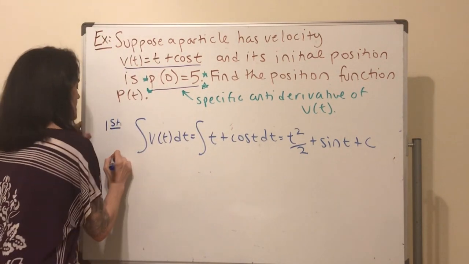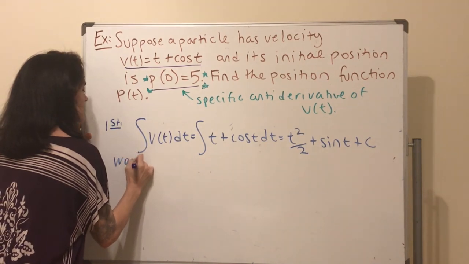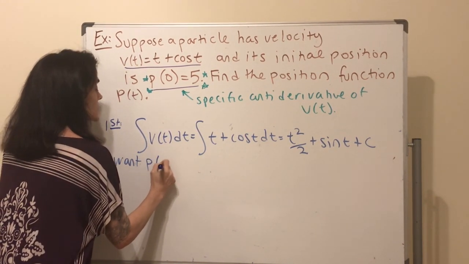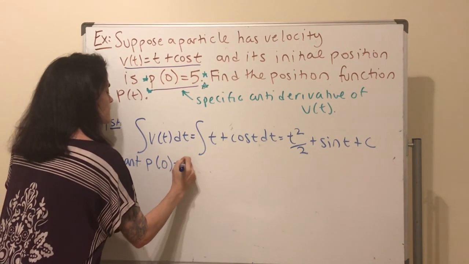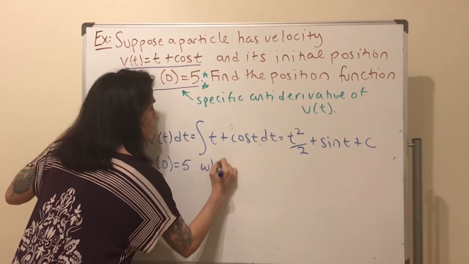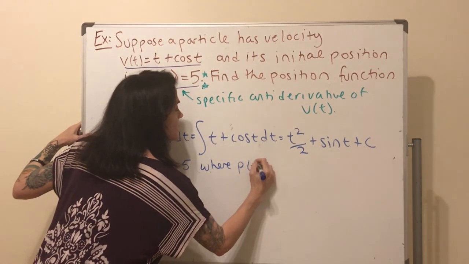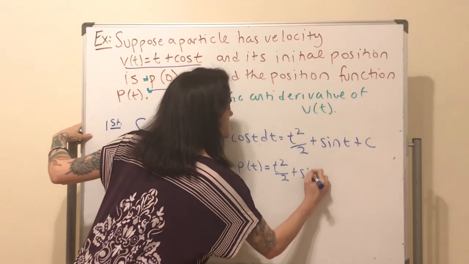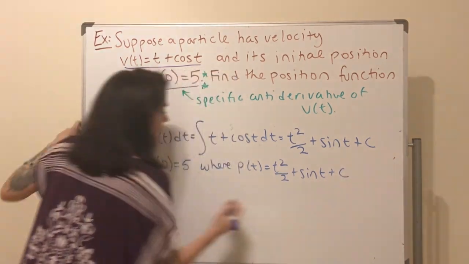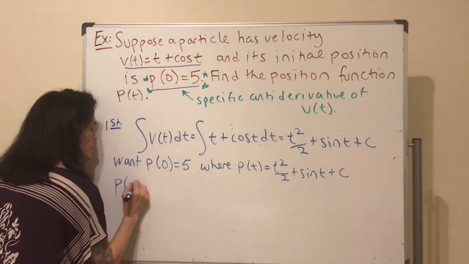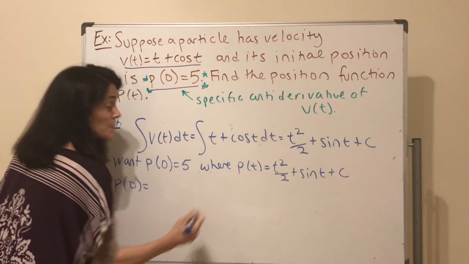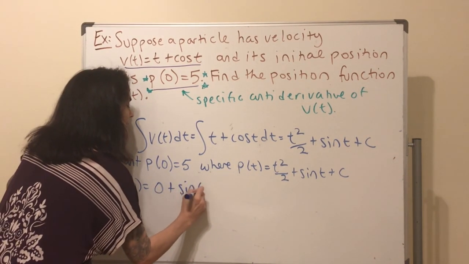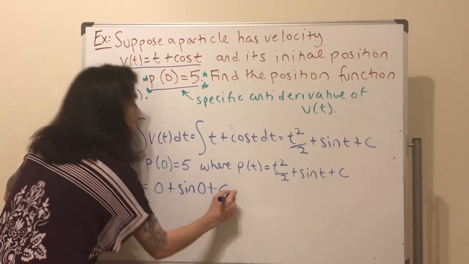This is all antiderivatives, or this would be all possible position functions that have this velocity. But we want P of 0 equals 5. I'll say where P of t is this, t squared over 2 plus sine t plus c. And so let's evaluate P of 0. If this is P of t, 0 plus the sine of 0 plus c.